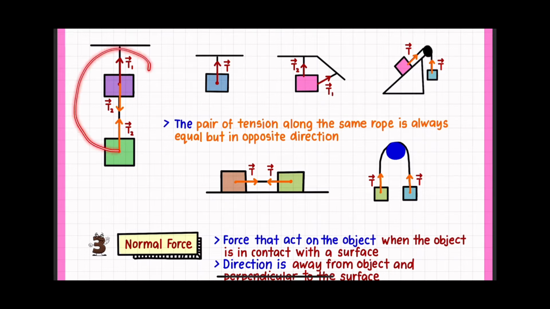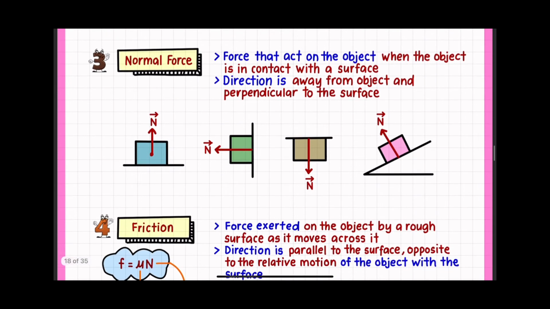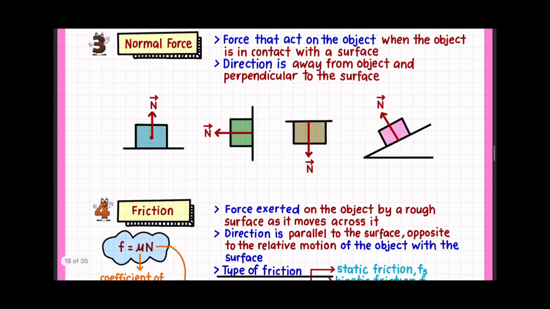Ni kalau you hanging dua blocks dalam satu sistem lah. Okay, you can see that we have T1 and dua blok ni akan kongsi T2. Okay, so ini untuk tension punya free body lah, arah force dia.